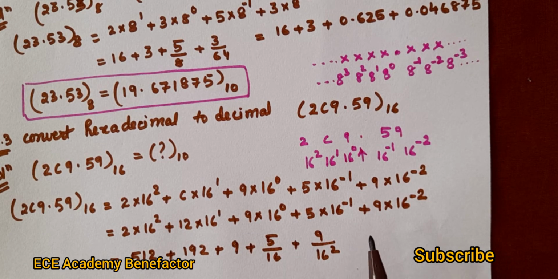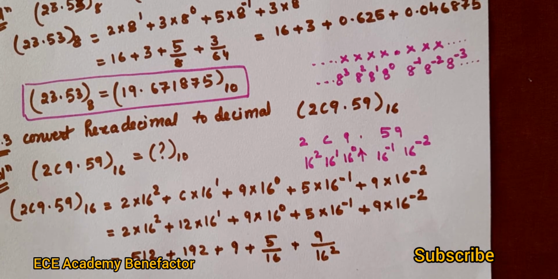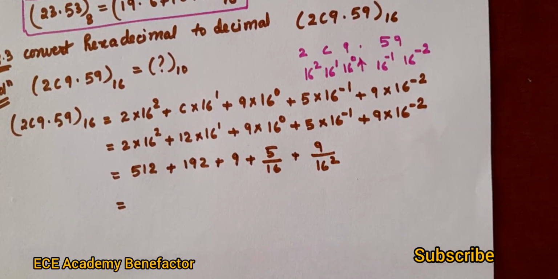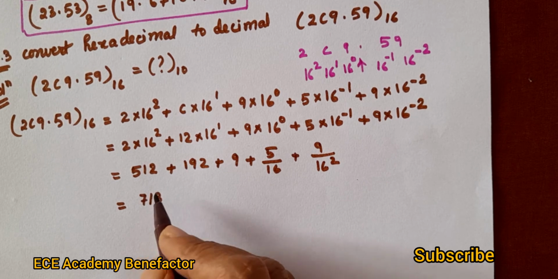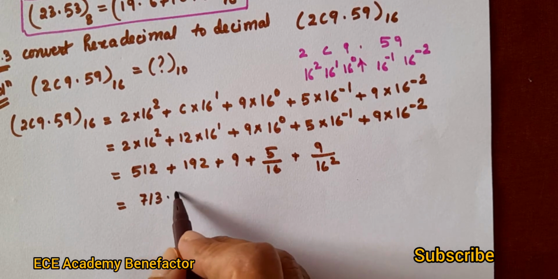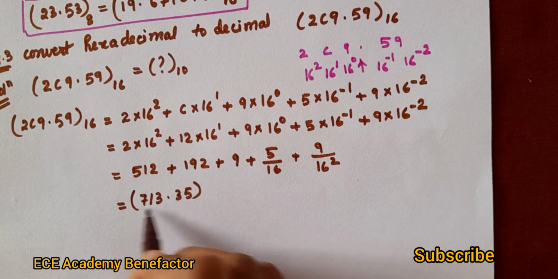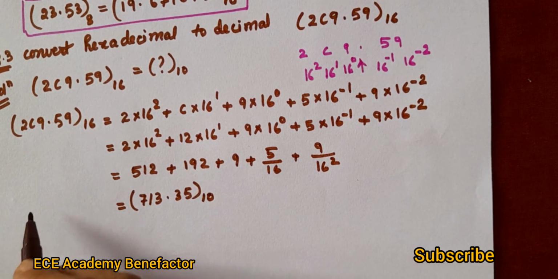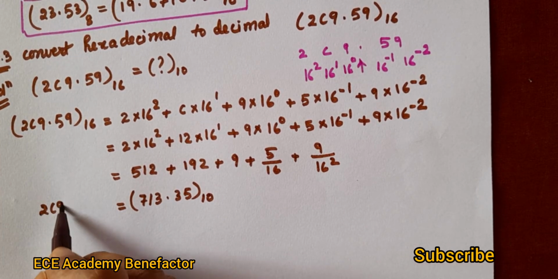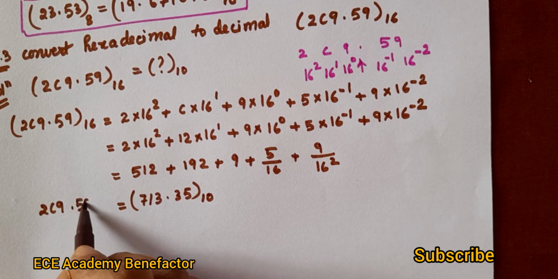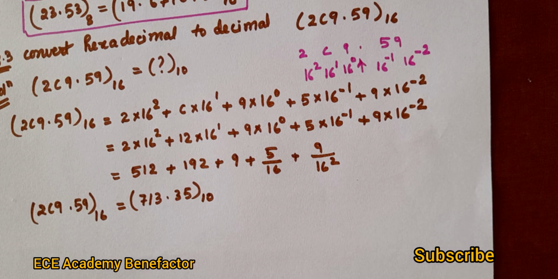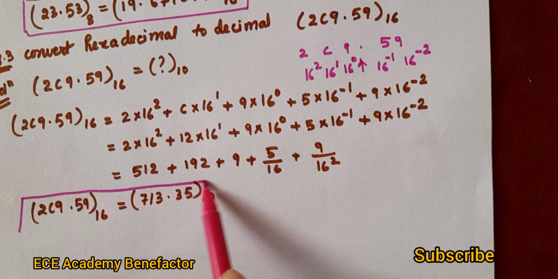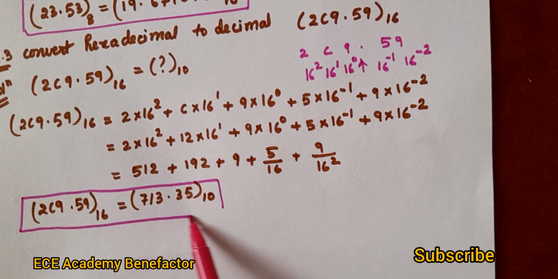On further simplifying, you will get 713.35 in decimal. So we have converted the hexadecimal number 2C9.59 to a decimal number. I hope you have understood the procedure of conversion from hexadecimal to decimal.